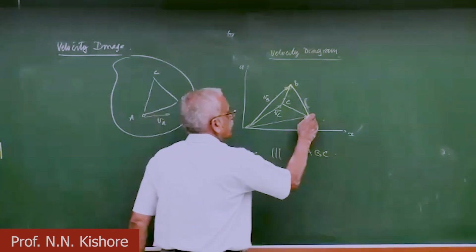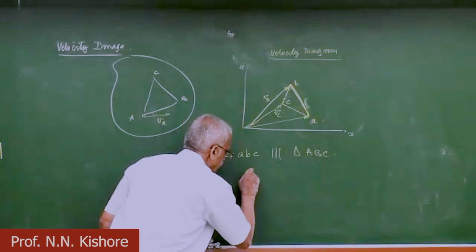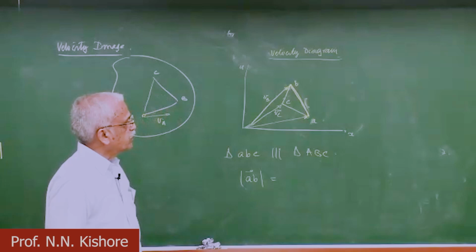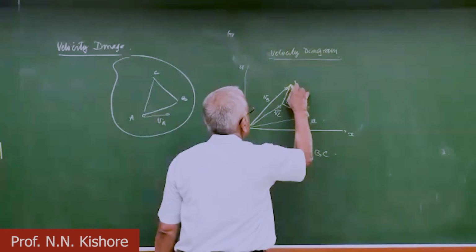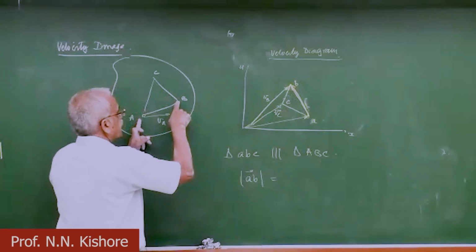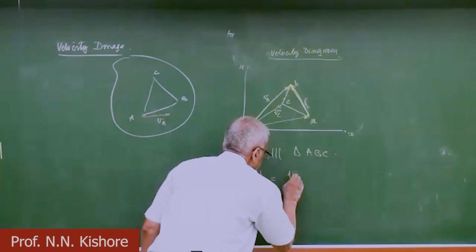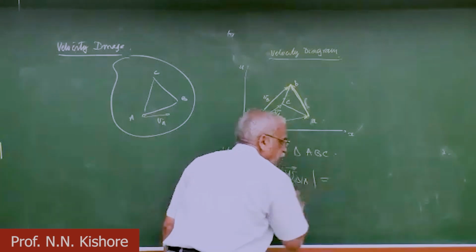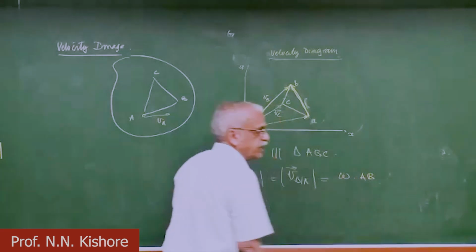It's not impossible. For example, ab here. Let us say the magnitude. The vector ab is nothing but the velocity of B with respect to A, and magnitude wise this is nothing but omega times AB.